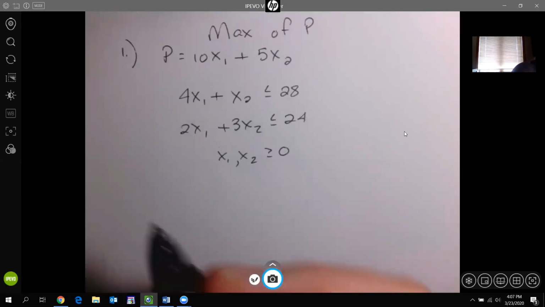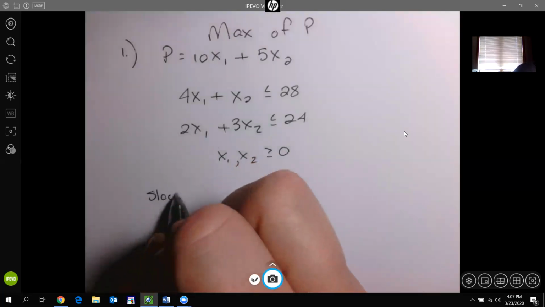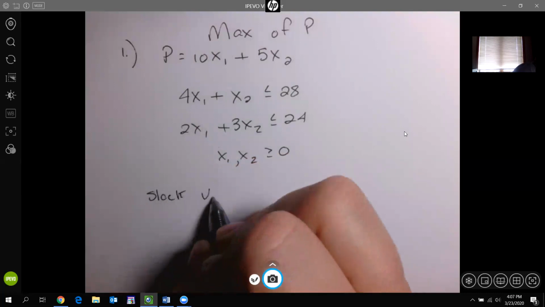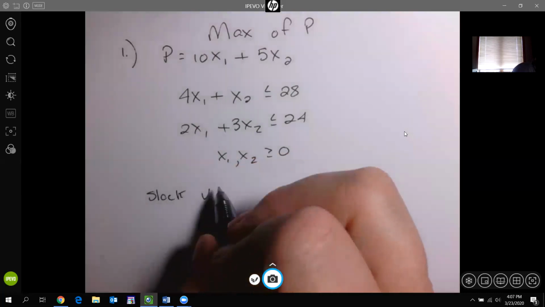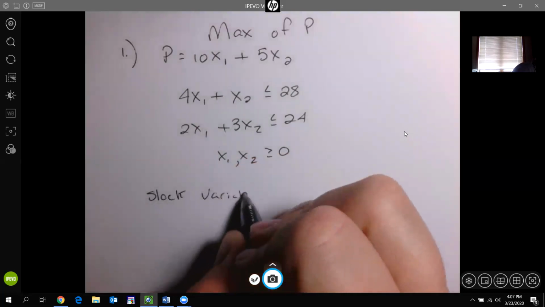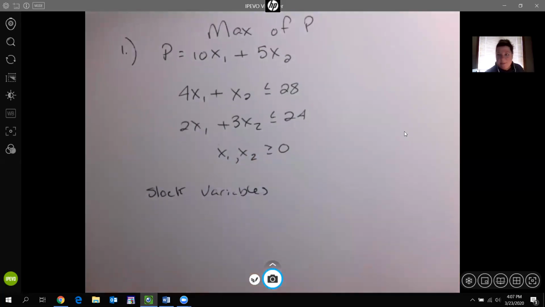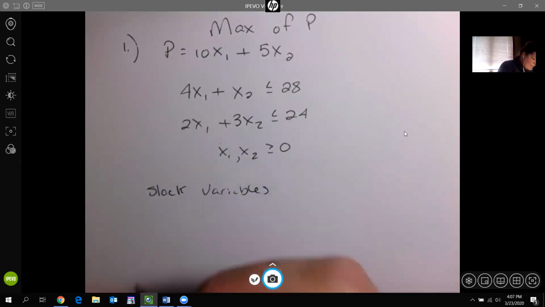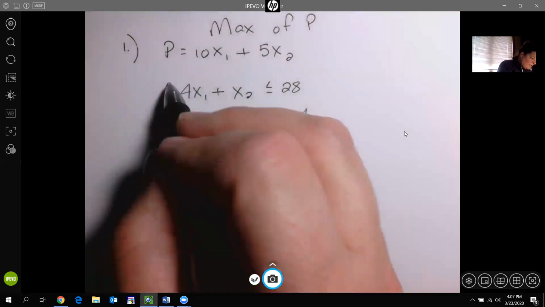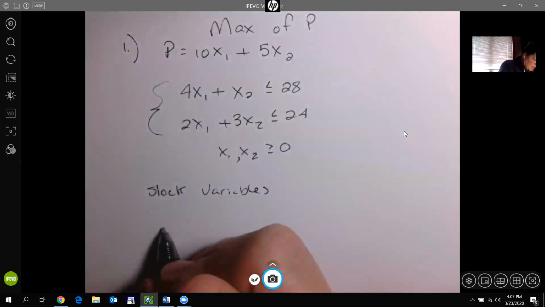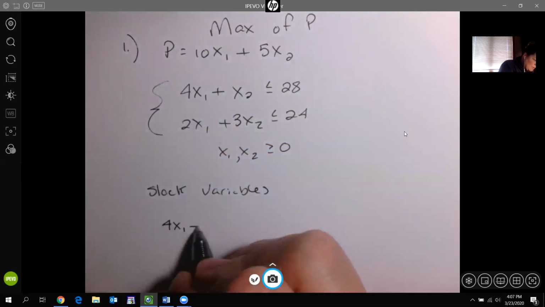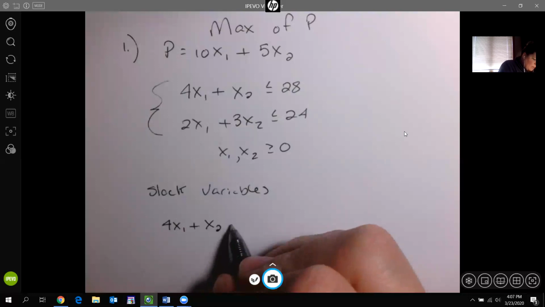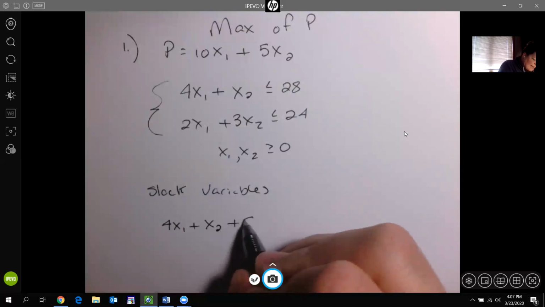We're going to write our equations with slack variables. We just look at our constraints for our slack variables first. So we're going to have 4x1 plus x2, and then we add in an s1.